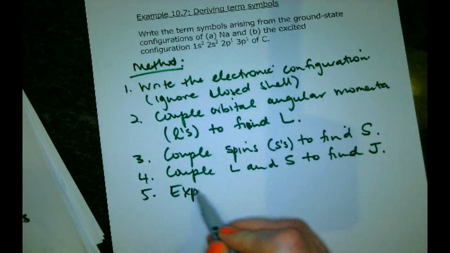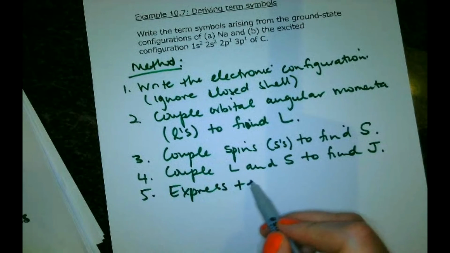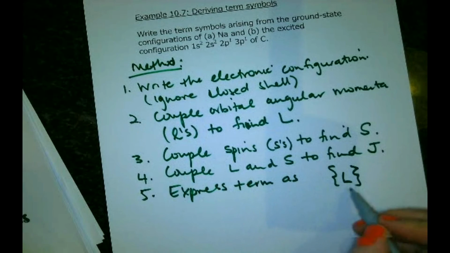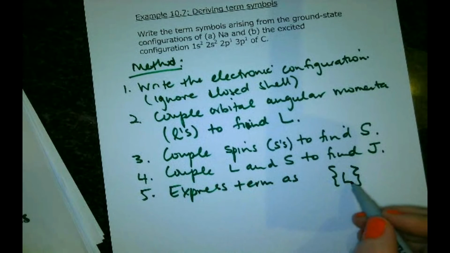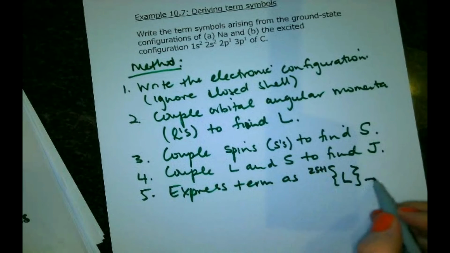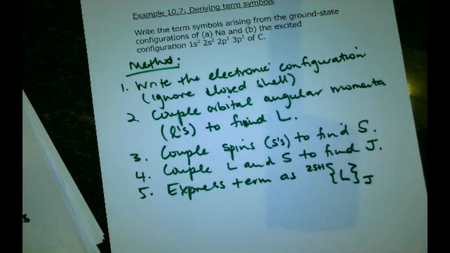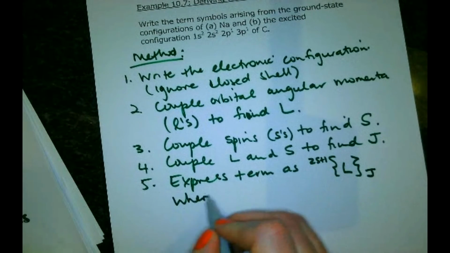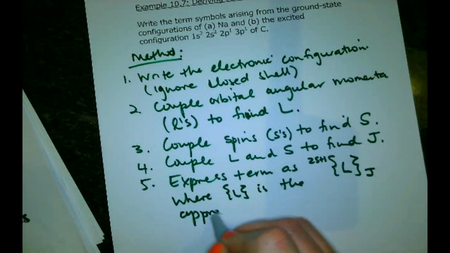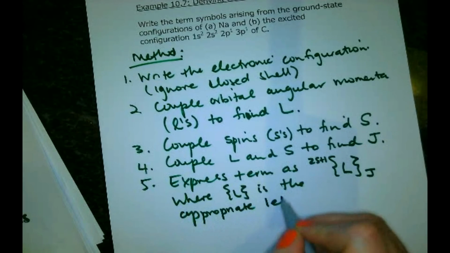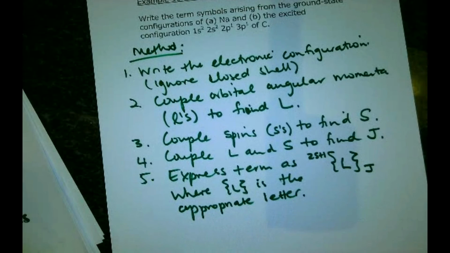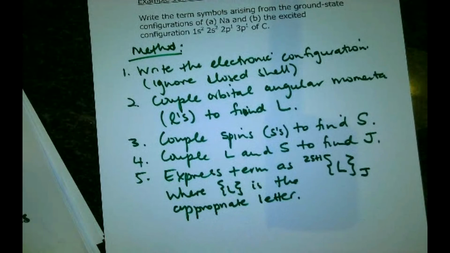And then you express the term as a symbol that you get from using L, the letter, 2S plus 1 is your multiplicity, and there you put the value of J. Where that is the appropriate letter in uppercase. So if you follow this recipe, you can basically determine any term symbol.